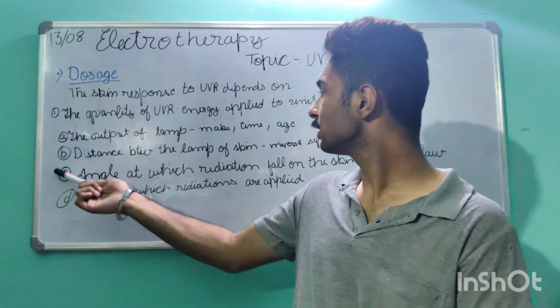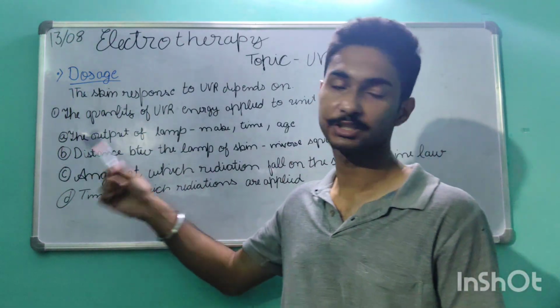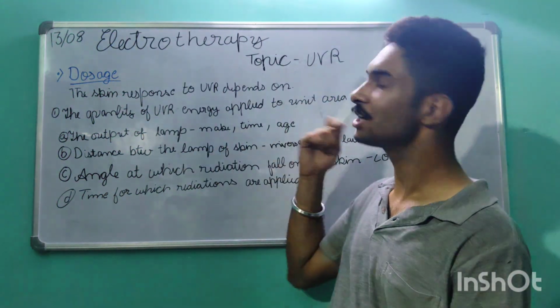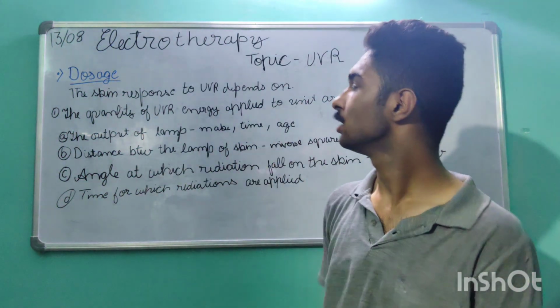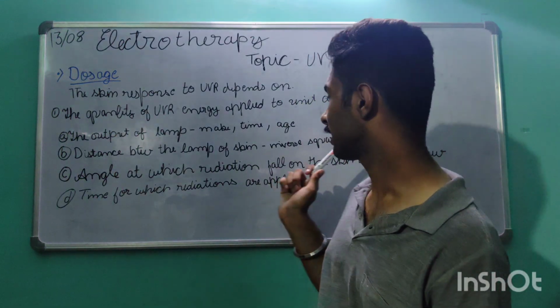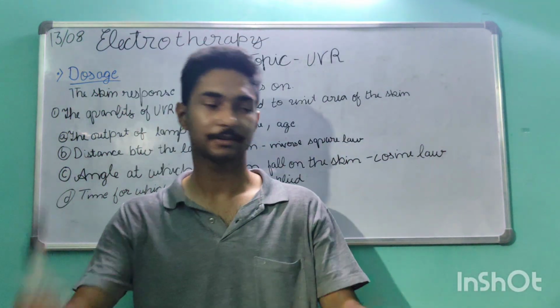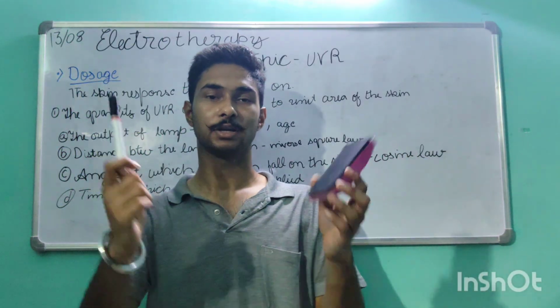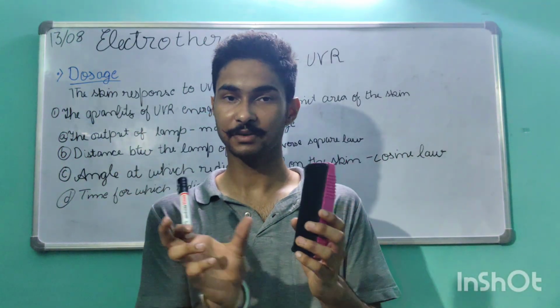So when we come to distance, we go to the sub factors of the quantity of UV energy applied to the unit area of the skin. The distance between the lamp and the skin follows the inverse square law. The simple thing is that the distance between the lamp and the patient should be a specific distance.